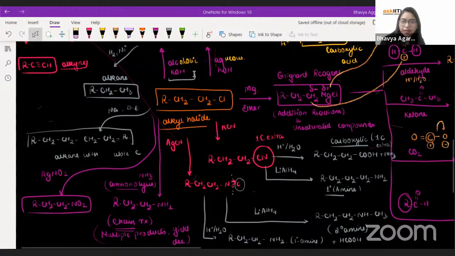Hanji, is this part clear? Up till here? So you are able to create any organic compound out of an alkyl halide. This is the part which you use during your conversion schemes and data related questions, those roadmap questions. This is the major process which we have to use.